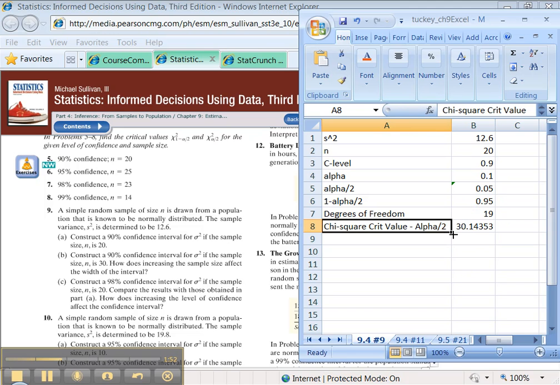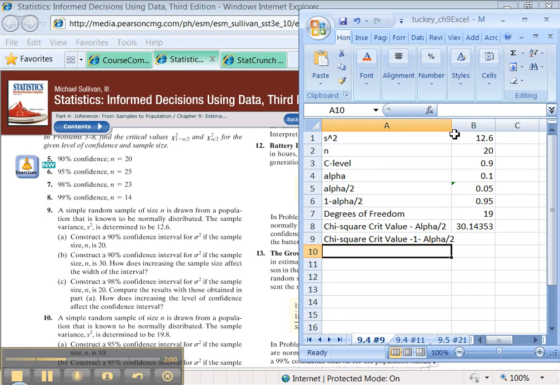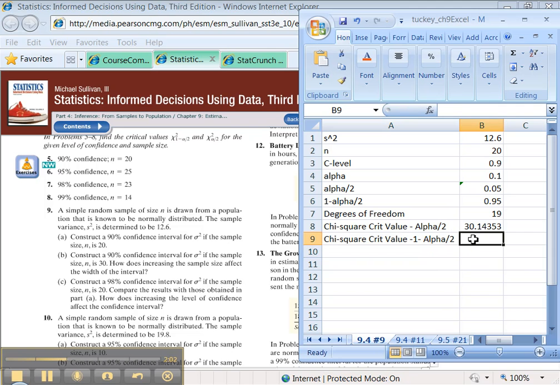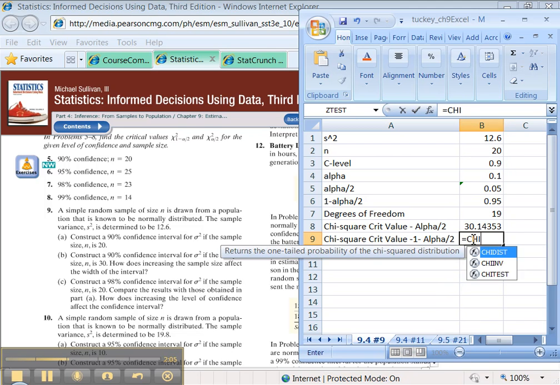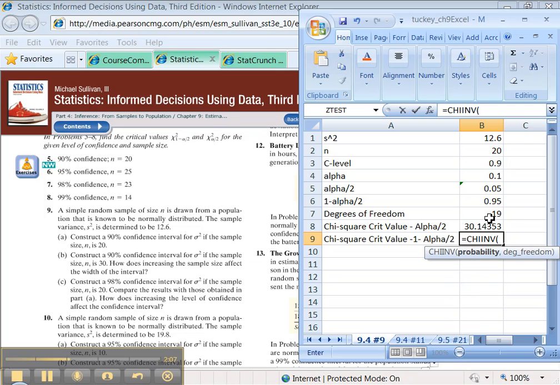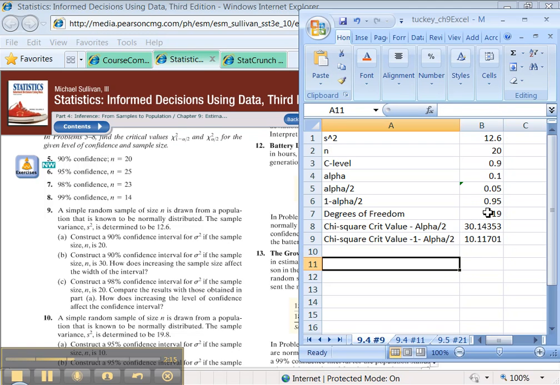And then let me drag this because I want the same thing basically for the next one. Oh, don't you love it when Microsoft thinks they're smarter than you? I want alpha over 2, not alpha over 3. So that would be chi inverse. And then the probability is 1 minus alpha over 2, that's the 0.95, comma, degrees of freedom is 19.